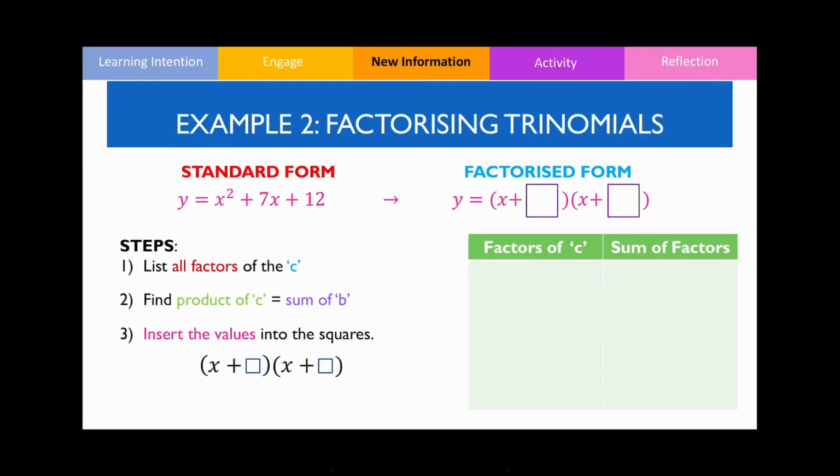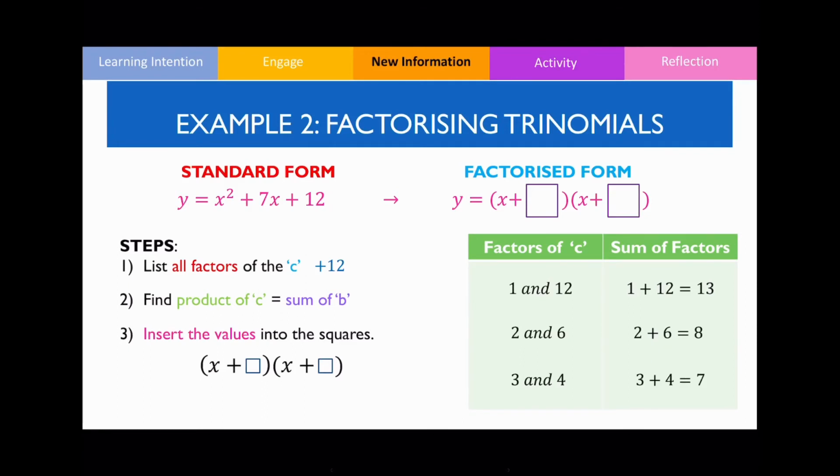So y is equal to x squared plus 7x plus 12. Again, I'm going to follow the same format. So I'm going to list down all the factors of c. In this example, c is equal to positive 12. So the factors are 1 and 12, 2 and 6, as well as 3 and 4. Once I've listed down all the factors, I'm just going to find the sum of each of them. So 1 plus 12 equals 13, 2 and 6 gives you 8, 3 and 4 is equal to 7.